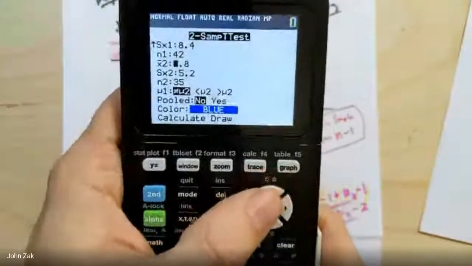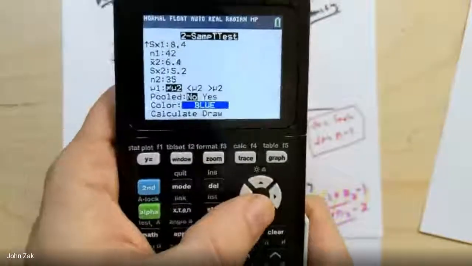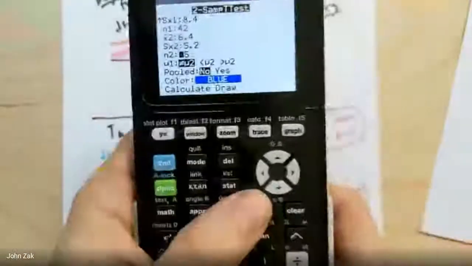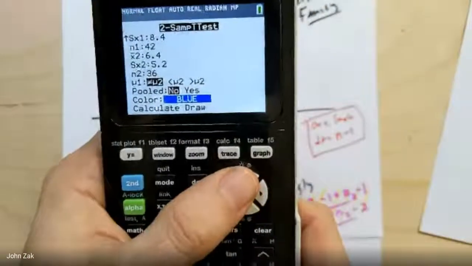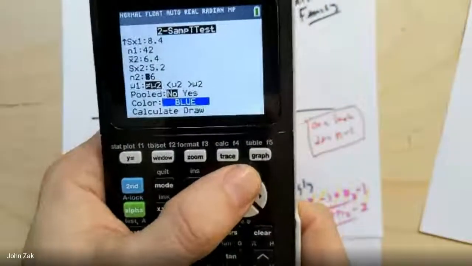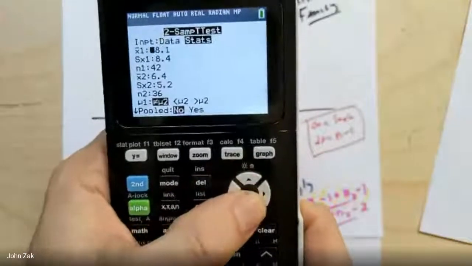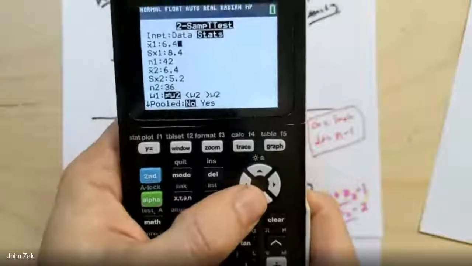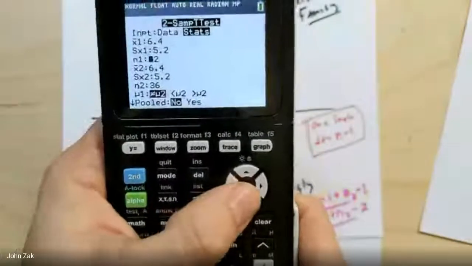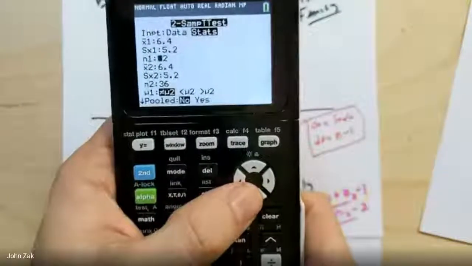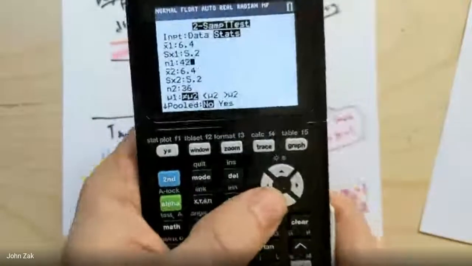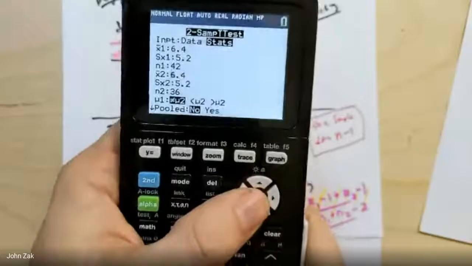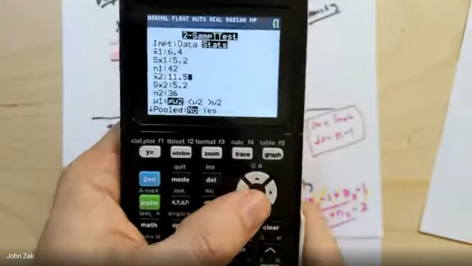I'm just making stuff up. No, sample mean 1, let's say 6.4, standard deviation 5.2, heavily skewed right. Sample size was 42. Then here, sample mean 2. Let's make something up. Average weight of a freshman's bag, let's say it was something like 11.5 pounds.